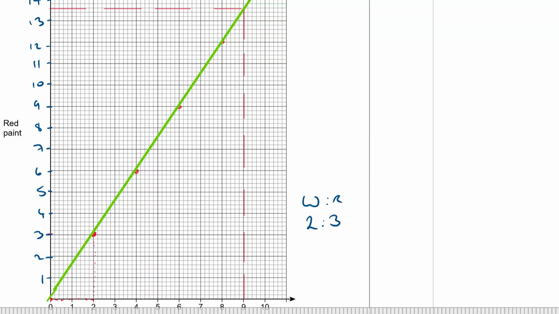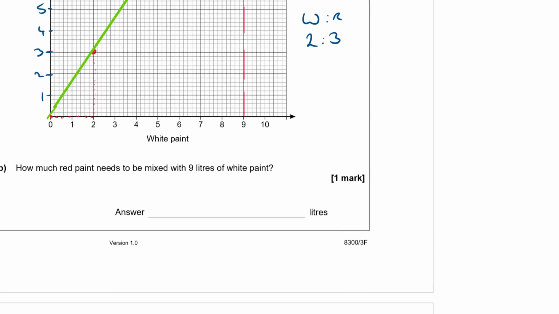Okay, so that comes out on mine to be 13 point. I've got 3 little squares out of 5. So each one of these little squares is going to be 0.2, isn't it? 13.2, 13.4, 13.6. So that's going to be 13.6 litres of red.